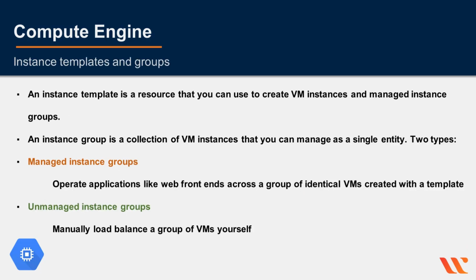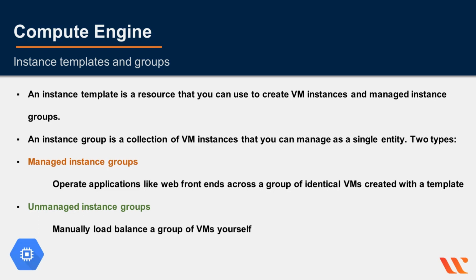An instance template is a resource that you can use to create virtual machine instances and manage instance groups. They are a convenient way to save a VM instance's configuration so you can use it later to create new VM instances or groups. An instance group is a collection of VM instances that you can manage as a single entity.